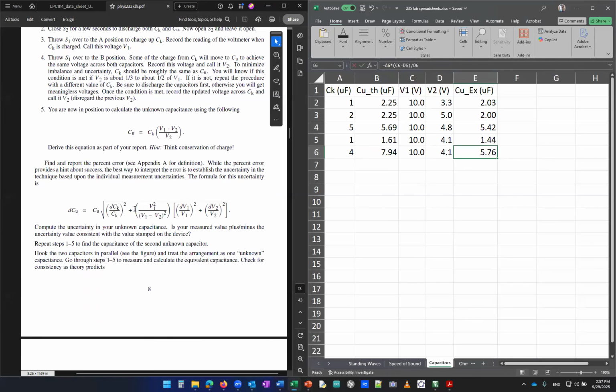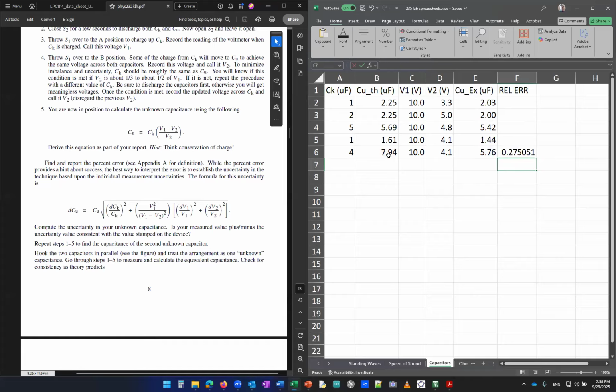Now in the report, the percent error would be between the experimental and the theoretical. So I'll do a relative error for this, for instance, that should be equal to the absolute value between the experimental and theory, it doesn't matter which one comes first, divided by theory.